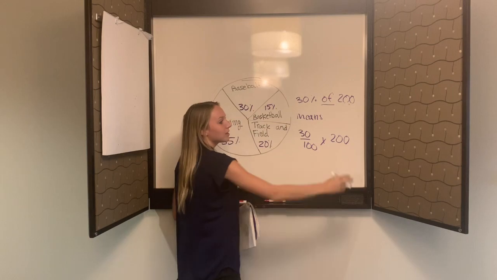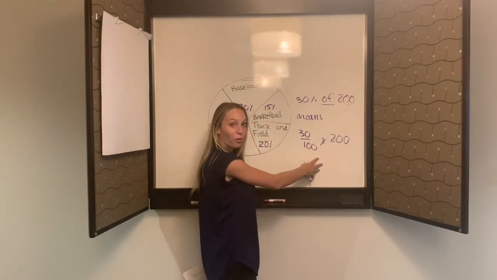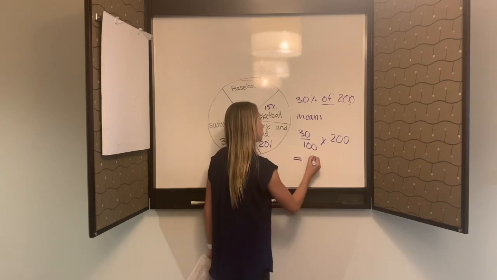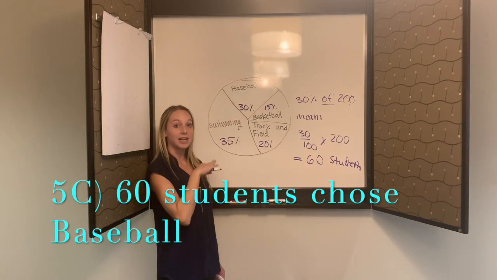And when you solve this, what do you get? Now, when finding the fraction of the whole, you will get 60 students. Now you know 60 students chose baseball as their favorite sport.